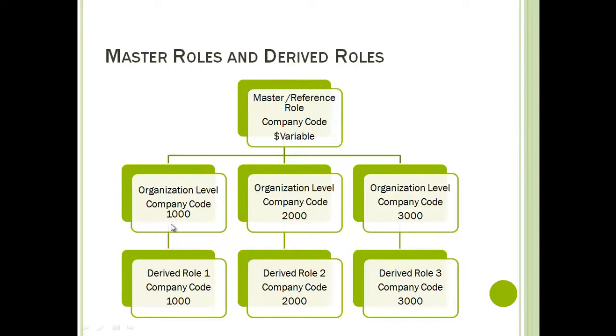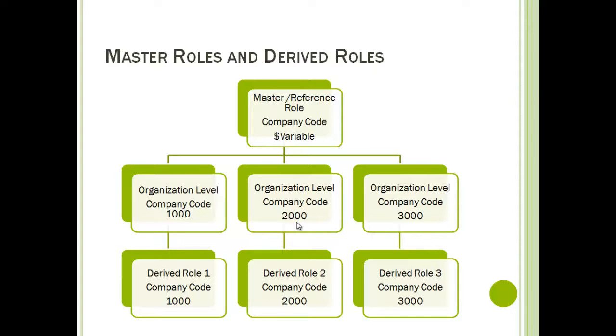For example, company code 2,000 will have a different sales org, a different purchase organization, and different cost centers as well as profit centers. Like this, you can have different organization levels for each derived role.